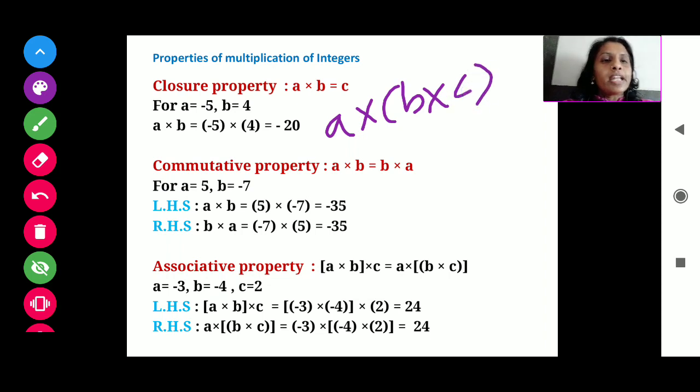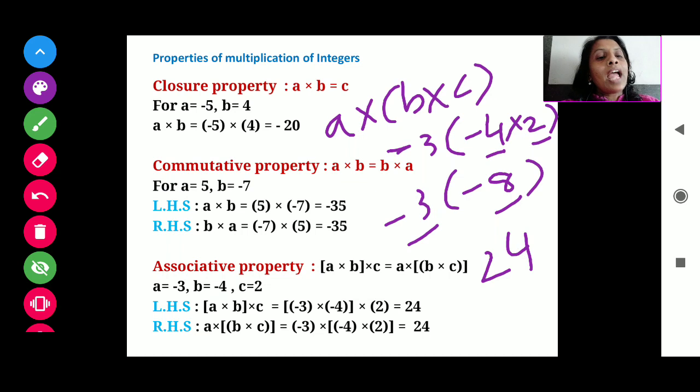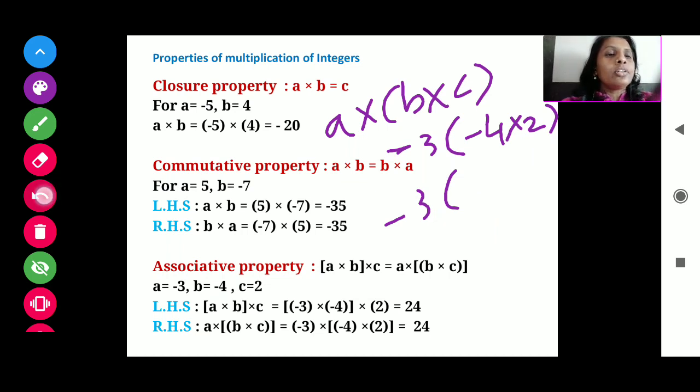What is our a? a is minus 3 and b is minus 4 into 2. Now minus 4 and 2 first. So here it is minus 8 because we are multiplying a negative and a positive, so our answer will have a negative sign. So it is negative and this is also negative. When we multiply 3 and minus 8, we get 24 and it will have a positive sign. So like this, our left hand side is equal to the right hand side.